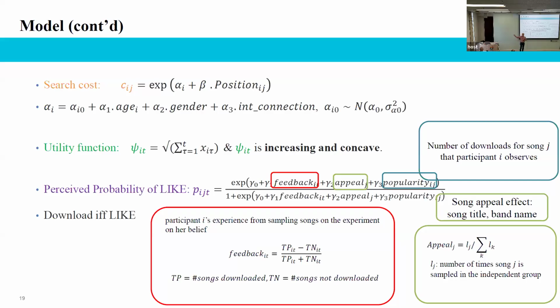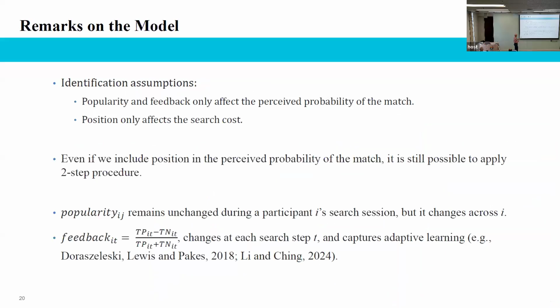Even though there may be other participants in parallel also going to this platform at the same time, downloading the songs, for you, once you're in, the probability information that you see is going to be fixed. Okay? But when people enter the platform at different points in time, they will see different probability information, even though they are assigned to the social influence group.